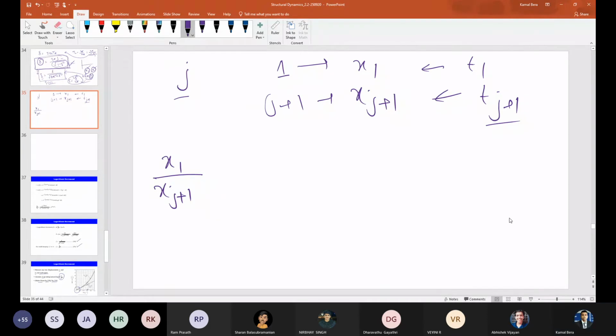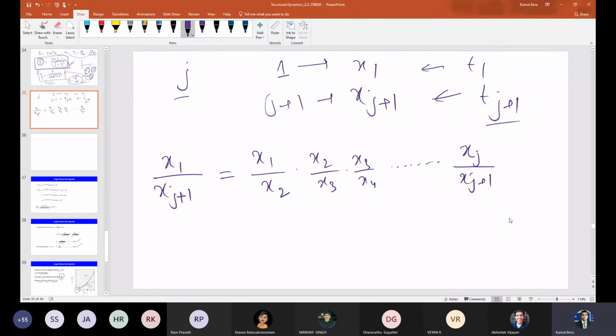So I can write this as x1 by x2, x2 by x3, x3 by x4, and so on, up to xj by x_{j+1}. Is it right? Now tell me, what is this, and what is this?